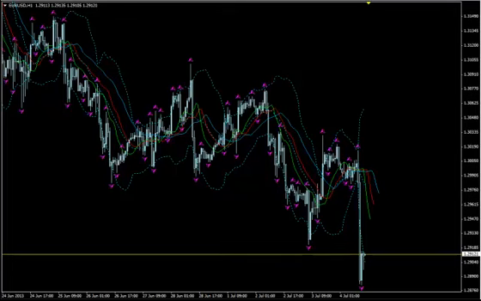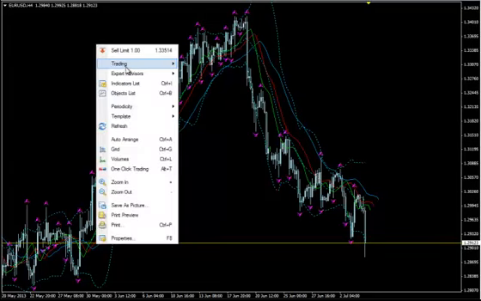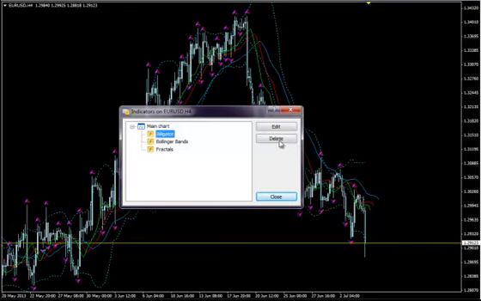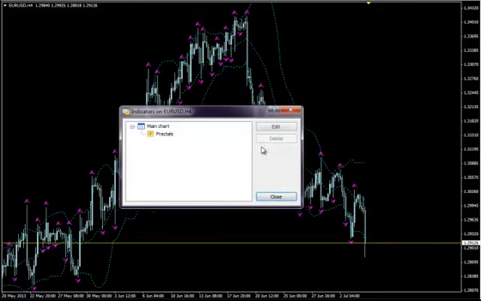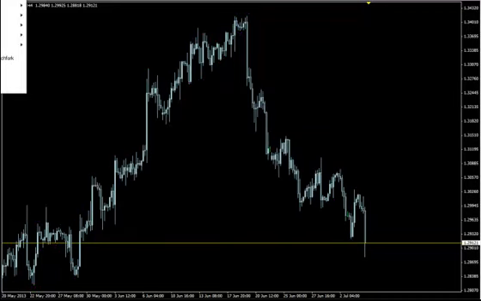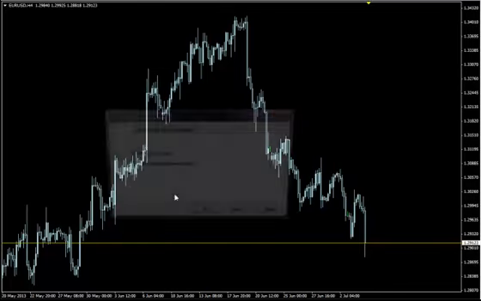I'm going to use now Ichimoku Kinko Hyo to see things from another perspective, using another tool. So I will remove alligator, Bollinger Bands and fractals, and instead I will add Ichimoku.